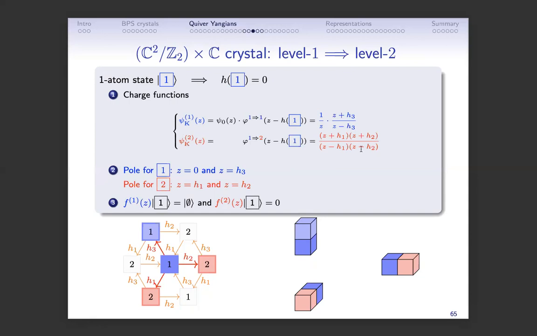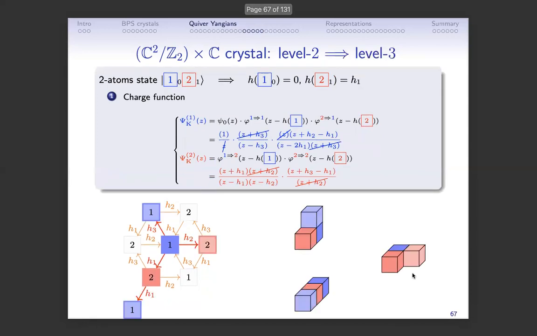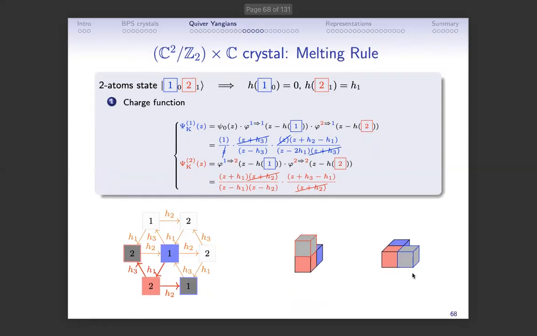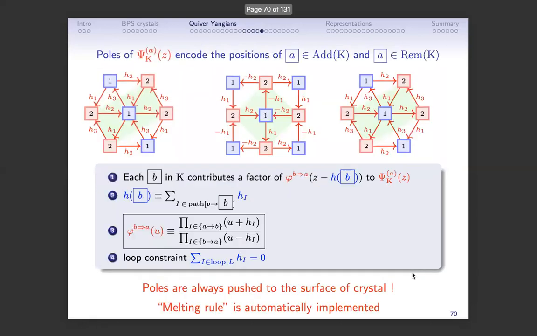For the red one, you have two poles, which are both adding poles, corresponding to these two red atoms here. Then you can just repeat this, and you can check that it works, and the melting rule also automatically works. So this is the summary for this action. We see that as long as we choose this bonding factor here and the loop constraint, the poles work.